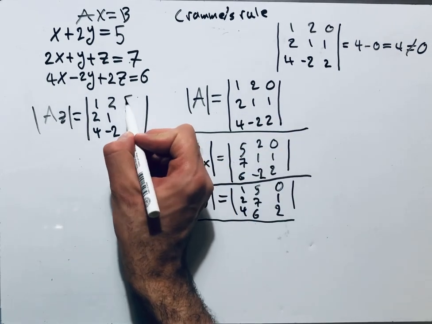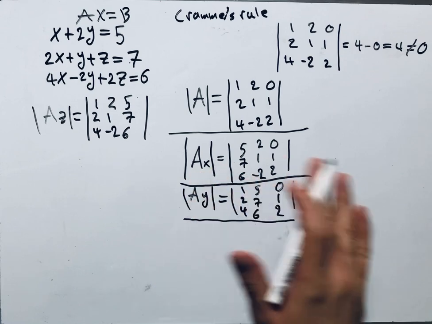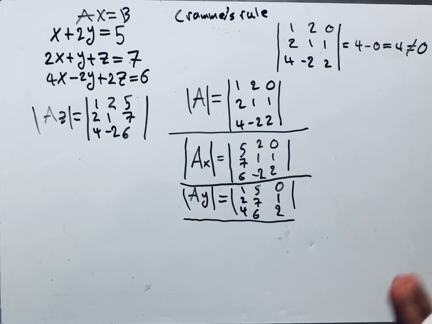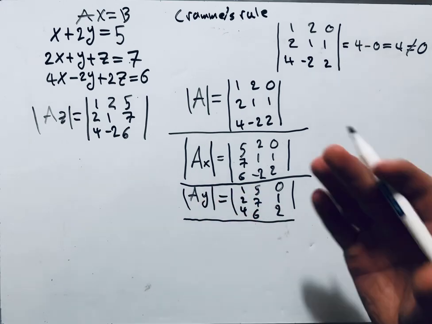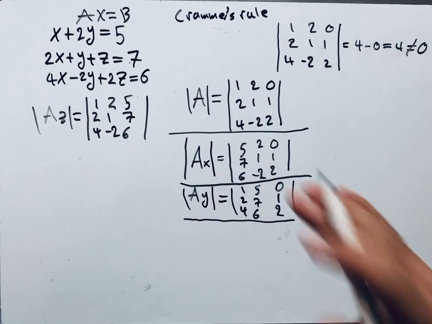So 5, 7, and 6. Before I actually calculate these determinants, which should be a piece of cake, because if you don't know what determinants are, this is not the video for you. Go ahead and watch a determinant video. I actually do have videos on them.